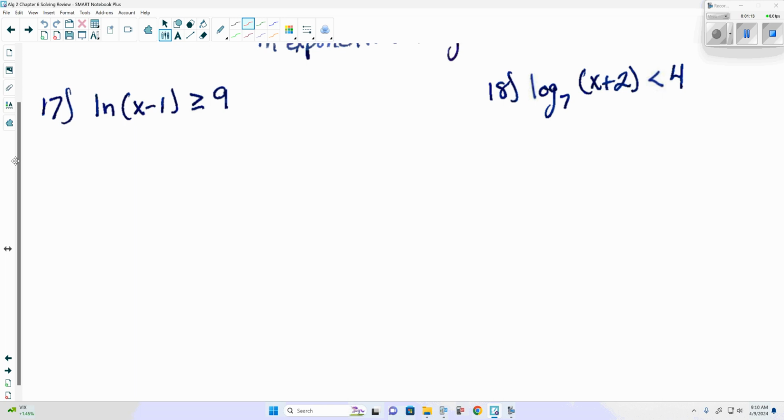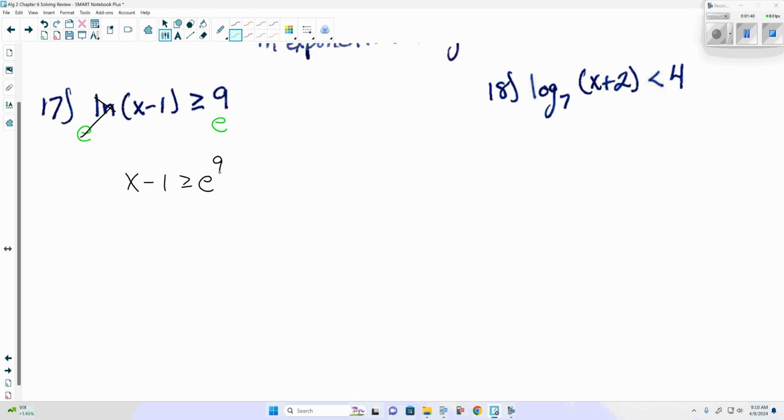Number 17, the natural log of x minus 1 is greater than or equal to 9. Again, we try to get the log by itself first. Well, it is. Now we're going to put both sides to its base, and the base is e. E to the ln of x minus 1, those cancel out, giving us x minus 1 is greater than or equal to e to the 9th.